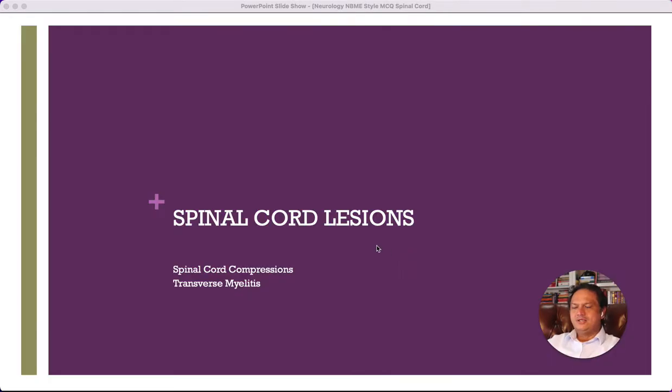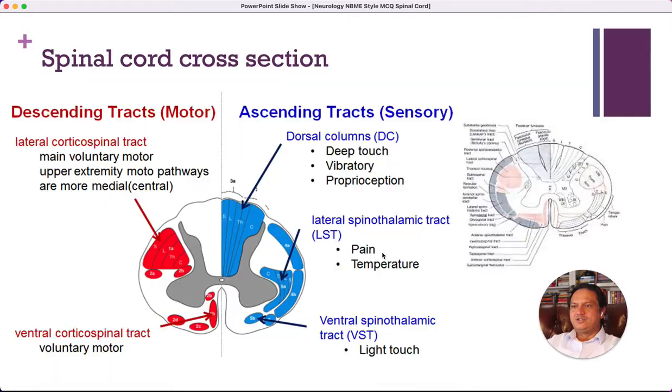Sometimes you can divide it into the lateral spinothalamic tract and the ventral spinothalamic tract, but for practical purposes, we treat them as the same. The dorsal column specifically takes information about vibration, pressure, which is sometimes called deep touch, and proprioception. But most important to remember are vibration and proprioception, while the lateral spinothalamic tract takes information for pain, temperature, and light touch without any pressure sensation.